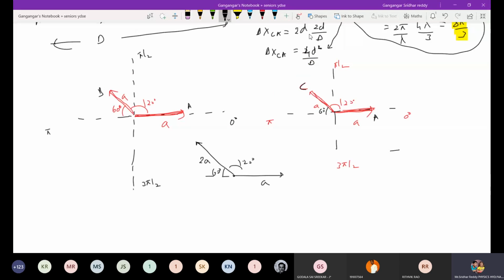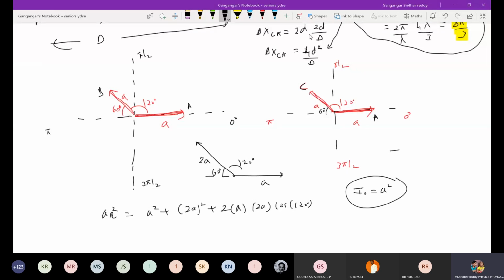The resultant amplitude AR square is equal to A square plus 2A whole square plus 2 times A times 2A cos of 120 degrees. And the intensity is proportional to A square. Calculate that, and we'll get the resultant intensity. How much is the value? 3 I0? Yes sir, 3.